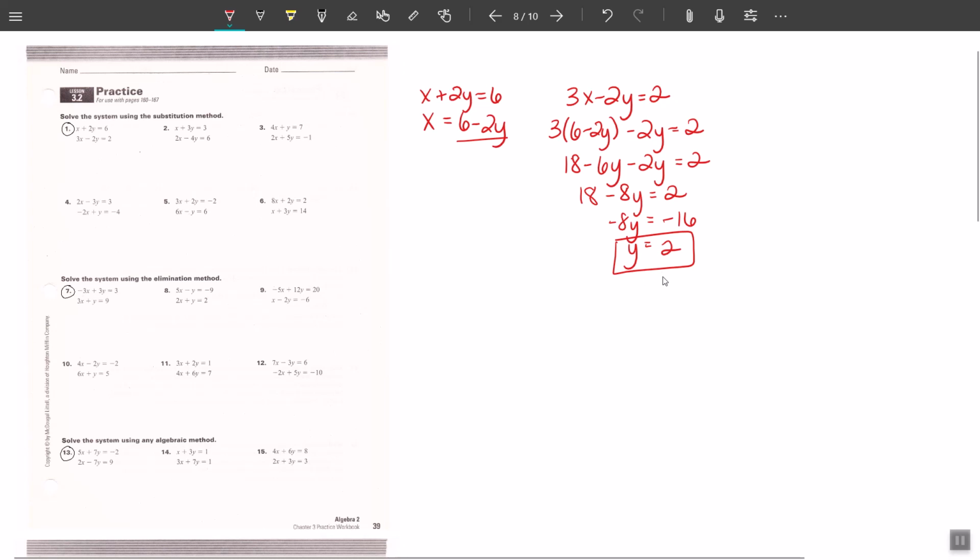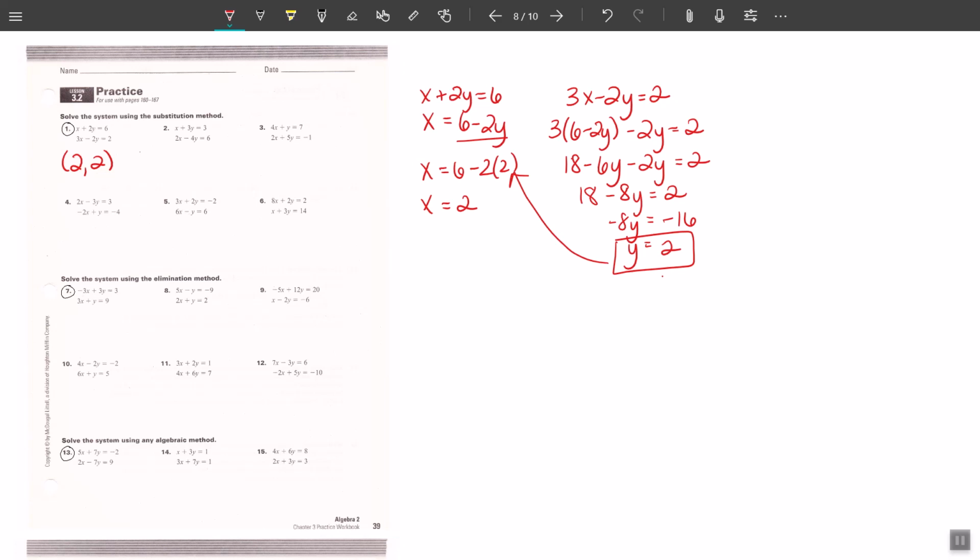I'm actually going to do it up here, where I already solved for x, and just plug it in right there. And then I see that I get an x of 2 as well. So the answer to this then is (2, 2), which means if we were to use the first method that we learned in 3.1, the graphing method, these two lines would cross at (2, 2).